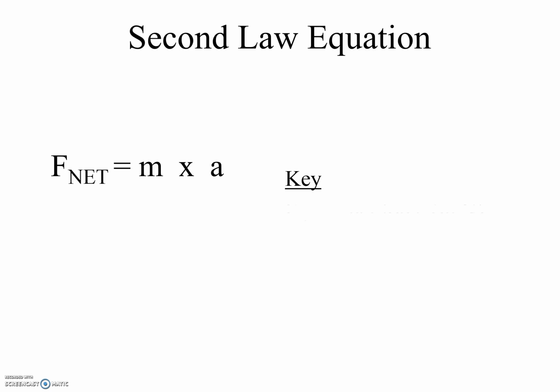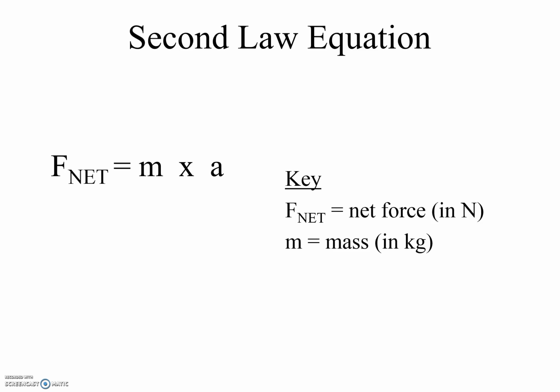To put a key, our F net is our net force. We know the units for net force are newtons. M stands for the mass of the object, which is in kilograms. And A stands for acceleration, which is in meters per second squared.